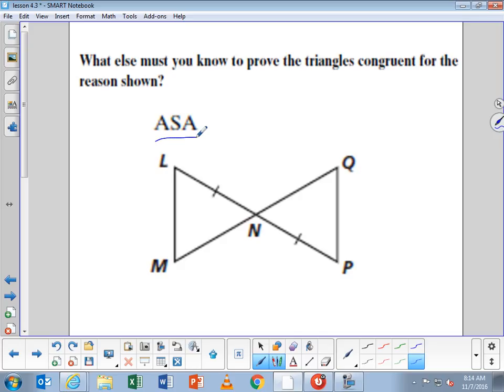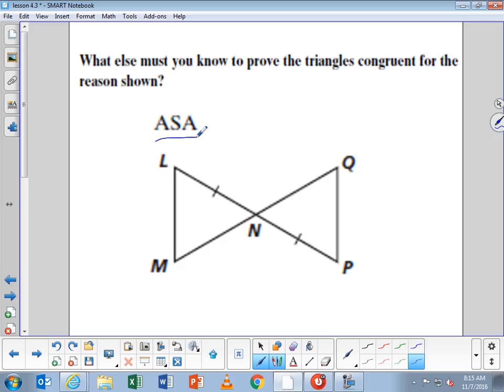Megan, I think you can answer this. In these 2 triangles, what do I already know? Now, I don't know angle, side, angle. Which angles? The vertical angles.